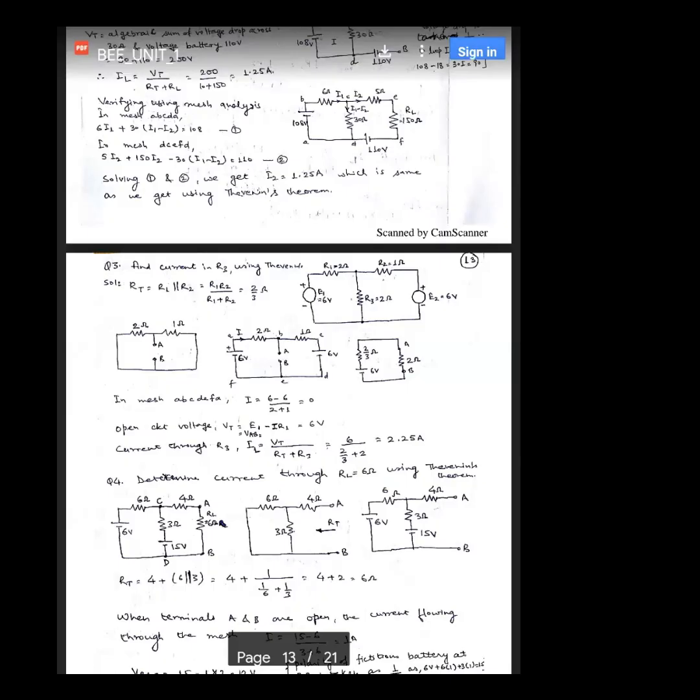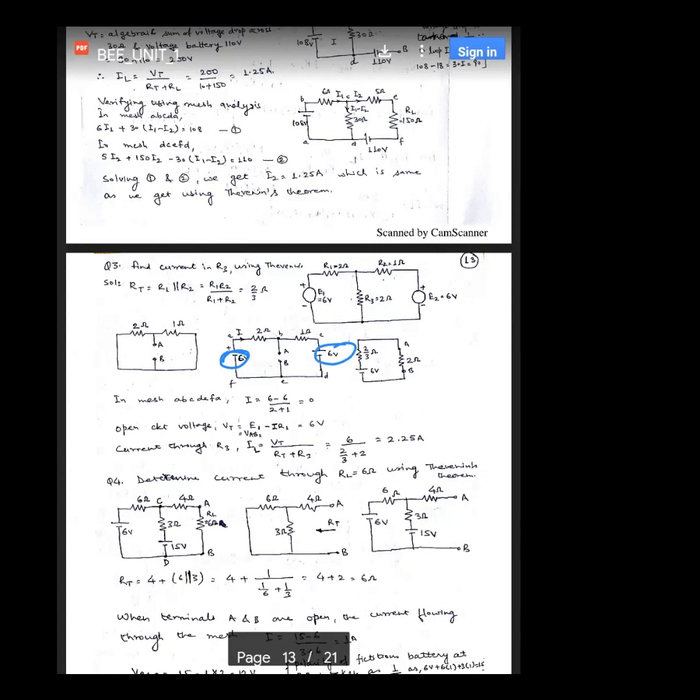Since the polarities of these batteries are such that they subtract each other, there will be a zero battery source or zero energy source.